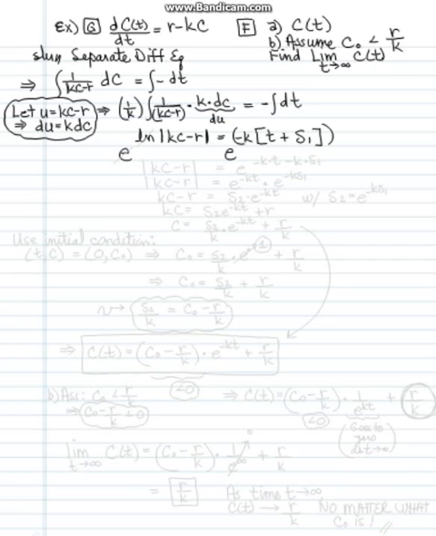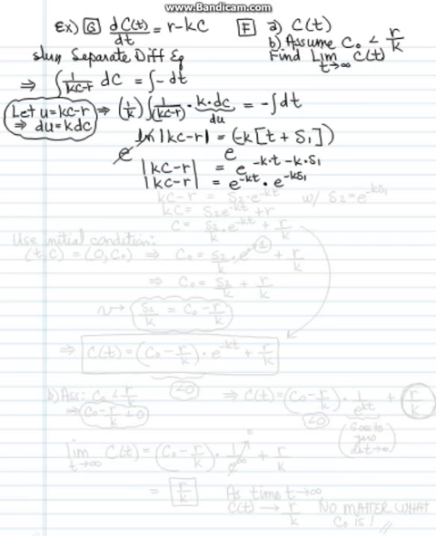We'll have to distribute the k. So over here we get the absolute value of k times c minus r equals e to the negative k times t minus k times s sub 1. But we can break that apart as k times c minus r equals e to the negative k times t times e to the negative k times s sub 1.